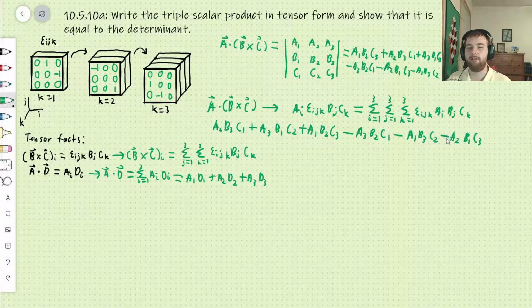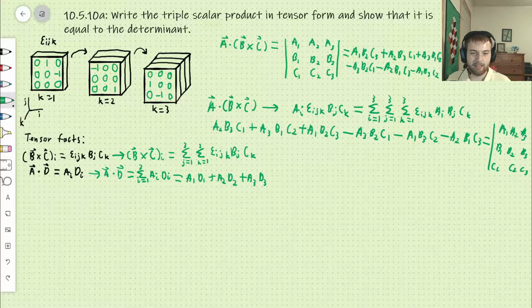I wrote them in a slightly different order, but this does equal the determinant that we saw before, of A1, A2, A3, B1, B2, B3, C1, C2, C3. I can't really draw that, it's too close to the side of the screen. There, that works.